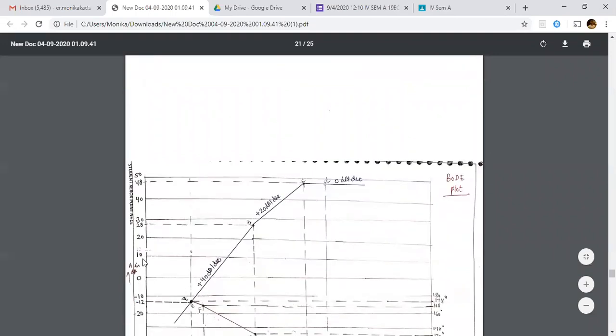Then this is 10 dB, 20 dB, 30 dB, 40 dB, 50 dB. Okay, this is minus 10, minus 20. You will mark all the 4 points: minus 12 dB, second is plus 28 dB, third and fourth are 48 dB. Okay. You have marked these points with dotted lines.